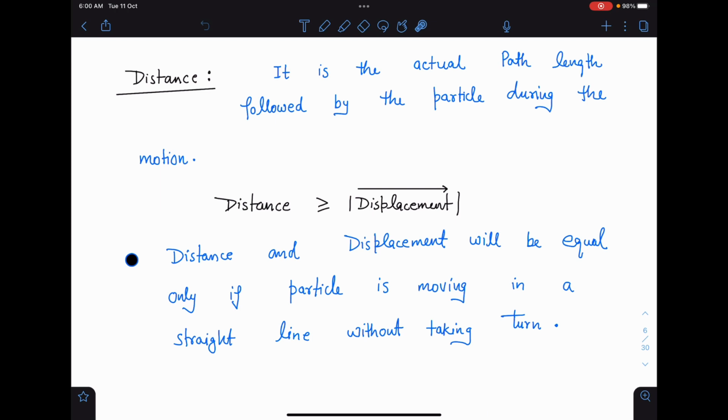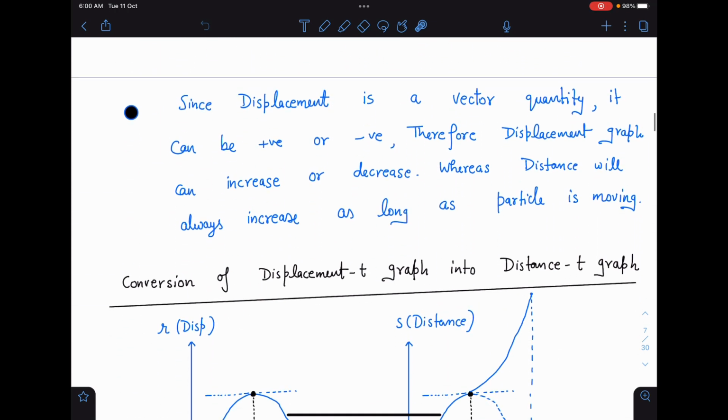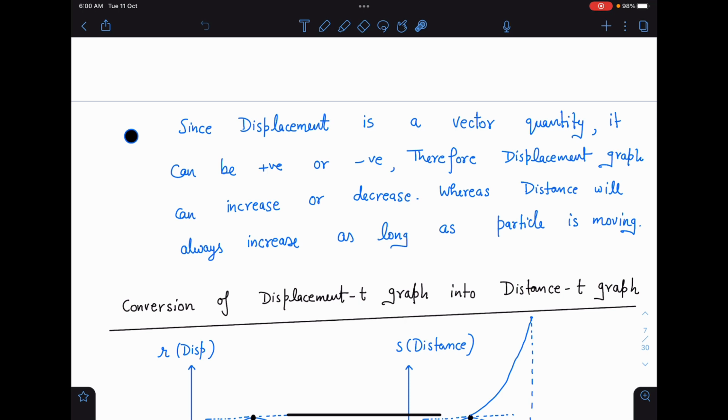So distance is always an increasing function. Since displacement is a vector quantity, it can be positive or negative, and displacement can be increasing or decreasing in the graphs, but the distance traveled will always increase. It will be a non-decreasing function.